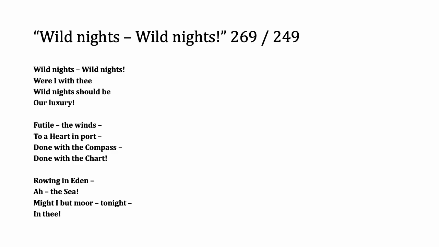So the persona is not with his or her beloved. Futile the winds to a heart in port, done with the compass, done with the chart. Winds don't affect me anymore because I don't need to travel. My heart is in port. I don't need a compass. I don't need a map. I know where I want to be. Rowing in Eden, the sea, might I but moor tonight in thee.